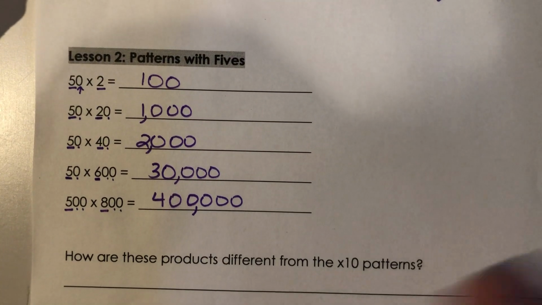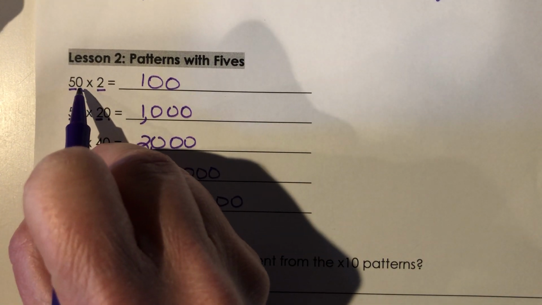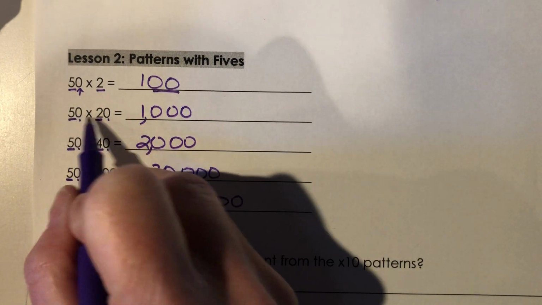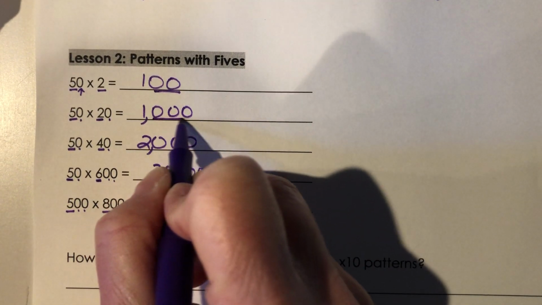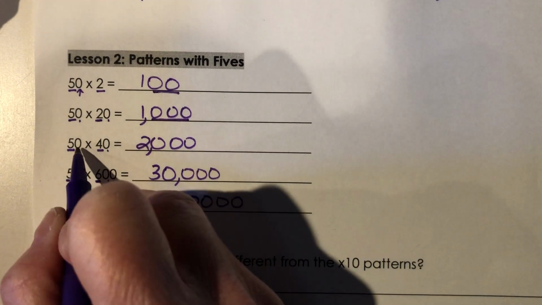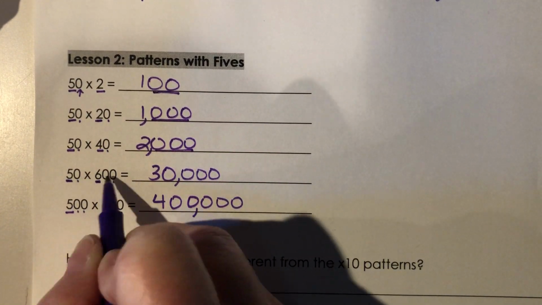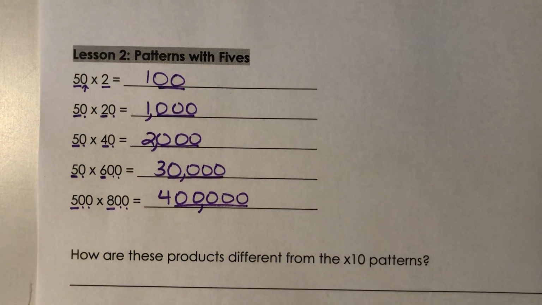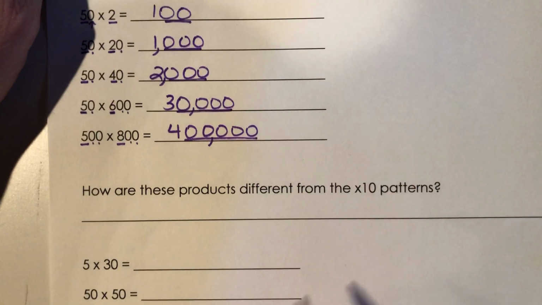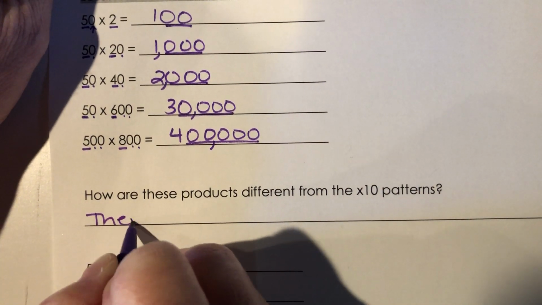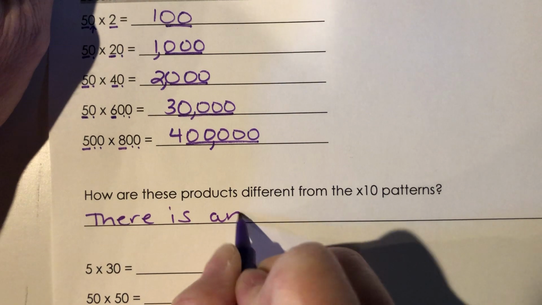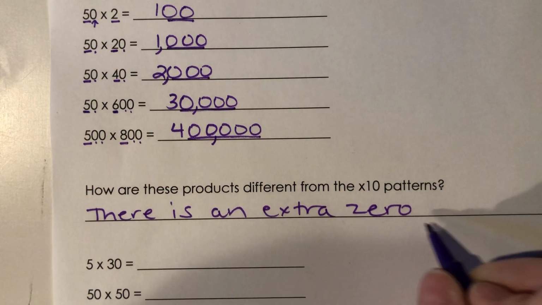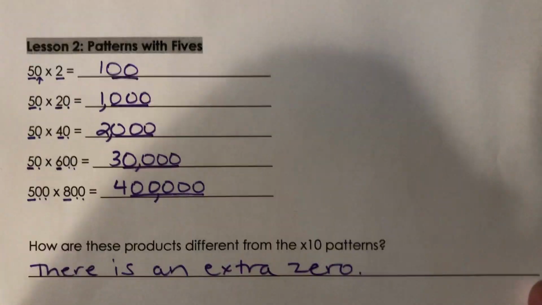But when we look at this, there's 1 zero in the problem, but there's 2 zeros in my answer. And here there are 2 zeros in my problem, but there are 3 in my answer. 3 zeros, but there's 4. 4 zeros, but there's 5. So how are they different? Well, it appears that there is an extra 0.